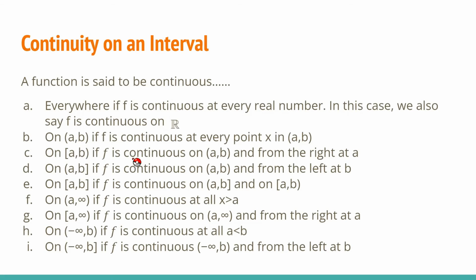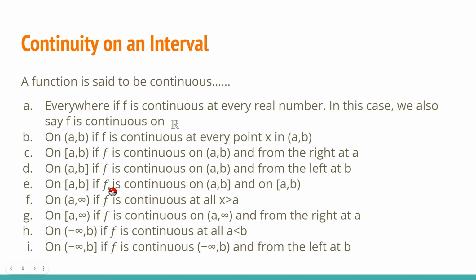On closed interval a to open interval b, f is continuous if it is continuous on the open interval a to b and from the right at a. On open interval a to closed interval b, f is continuous if it is continuous on the open interval a to b and from the left at b.